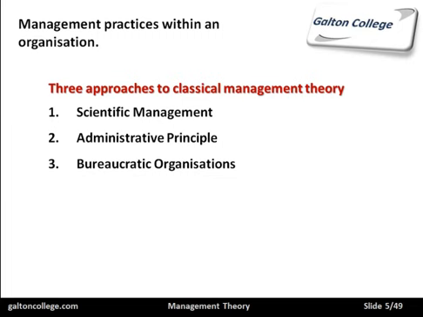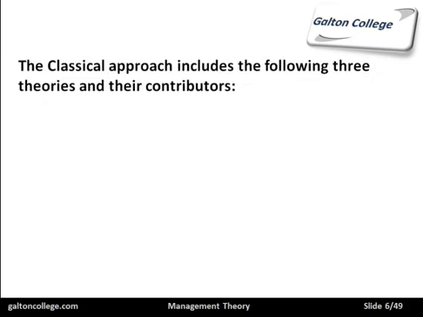They are separate, but there are three parts, early parts to management theory, really. And we'll just skip over these in the coming few slides to give you some appreciation of what they're about. So it has the following three theories, and we will look at those in turn.